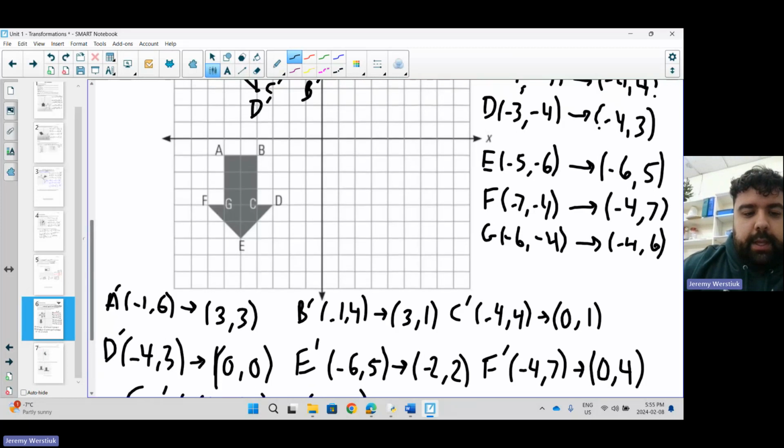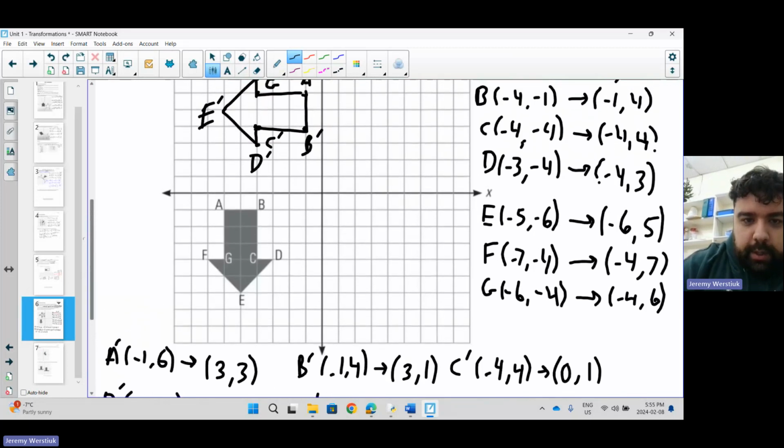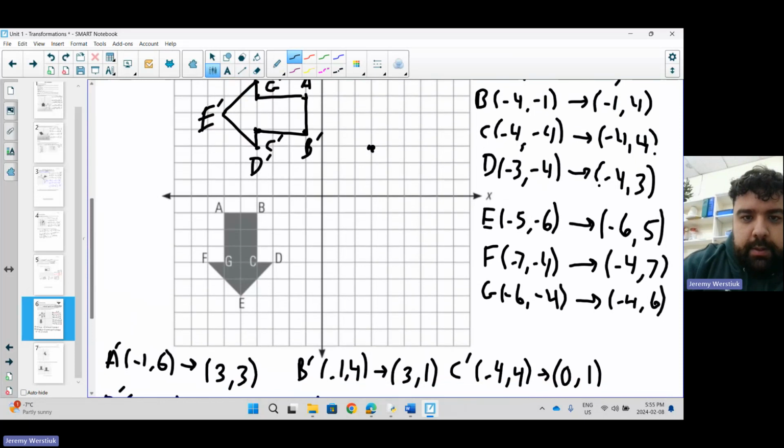So I'm going to start off with A double prime, which is 3 comma 3. So my A will be right there. My B is right there. My C is right here.